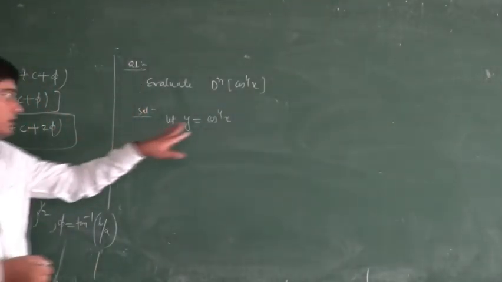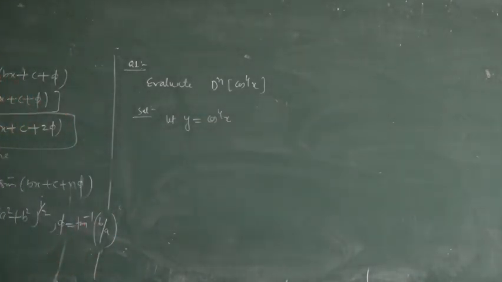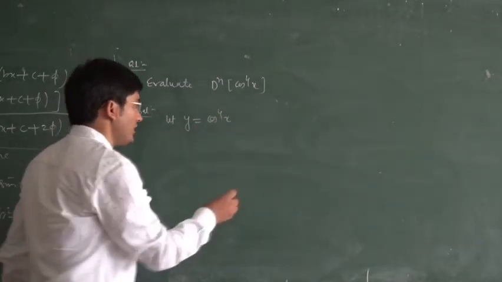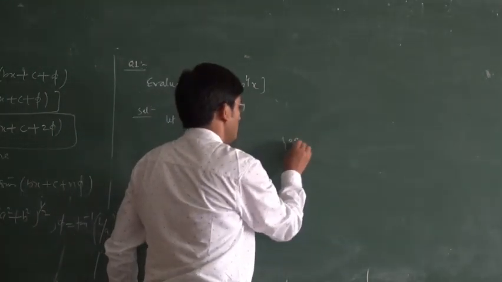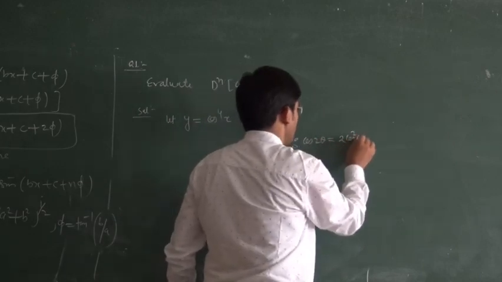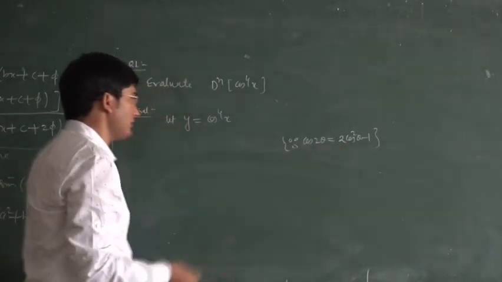We do not have any formula for cos power nx, but we have formula for cos ax plus b. So we will try to remove this power 4. For that we have a formula of cos 2 theta, because cos 2 theta is 2 cos square theta minus 1. So your cos square theta will be 1 plus cos 2 theta divided by 2.